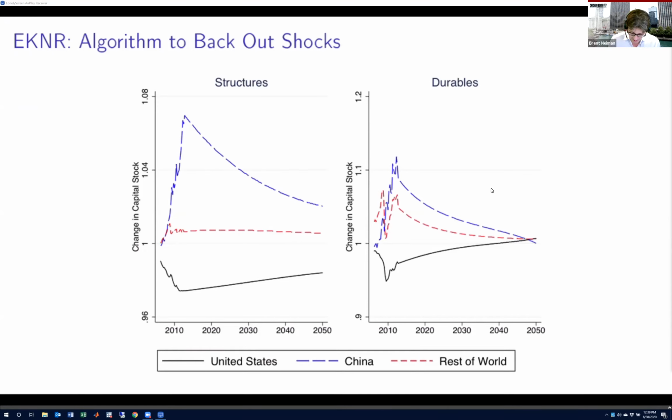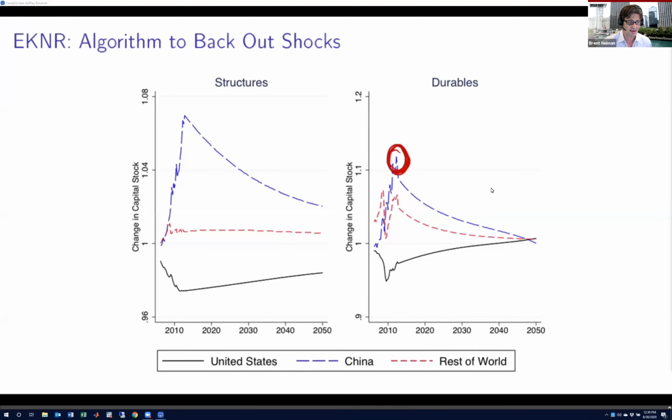So first, I should show you visually what that algorithm looks like when we actually apply it to real data. I showed you that schematic on how for the capital stock, you have to figure out at a given point in time, given some future assumed path of the shocks, what it is, and then you can back out what was happening during the life of the data. Here's an example. For durables, right there, that's a value of 1.1.